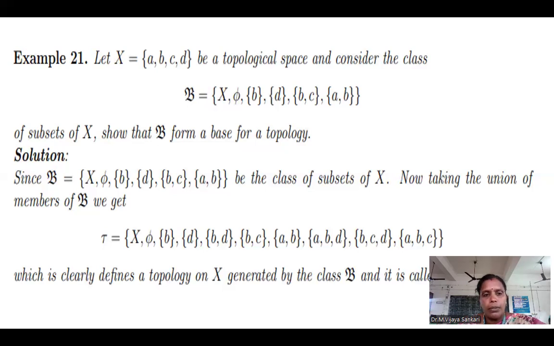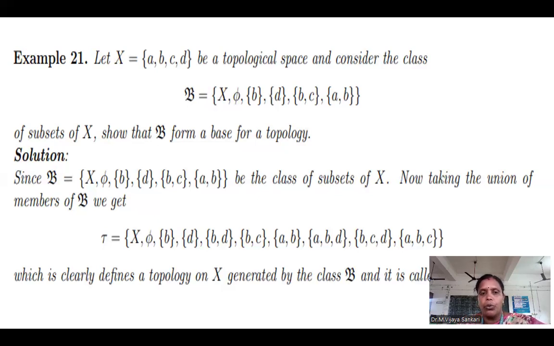Solution: script B equals X, empty, singleton set B, singleton set D, the set B, C, and the set A, B, a class of subsets of capital X. Now taking the union of members of script B, we get tau, the topology.